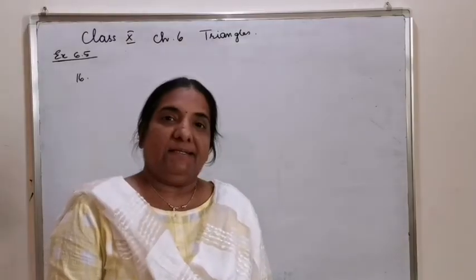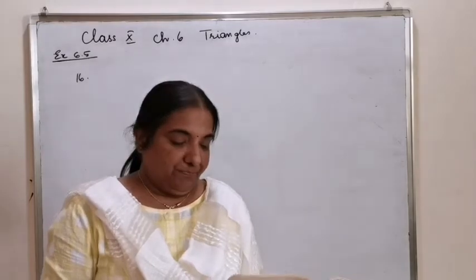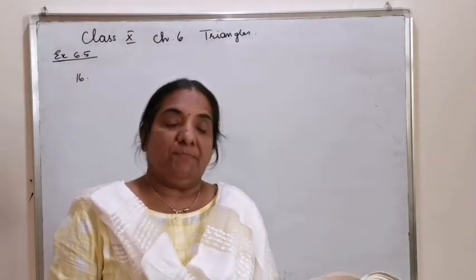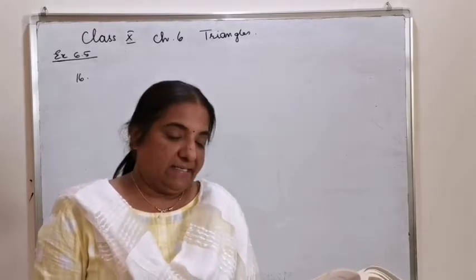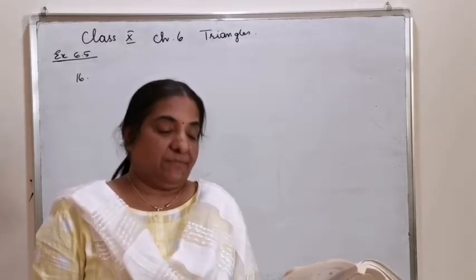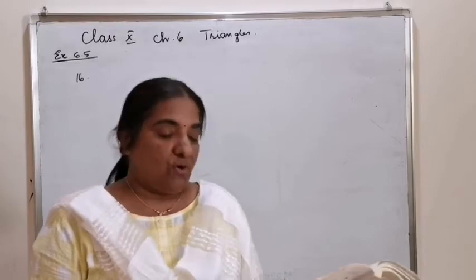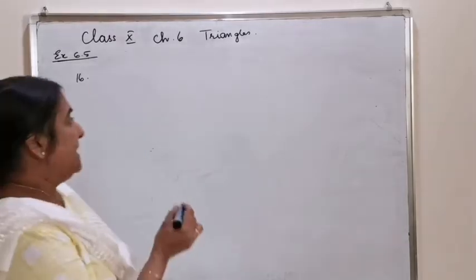Number 16, another important 2-mark question. In an equilateral triangle, prove that 3 times the square of one side is equal to 4 times the square of one of its altitudes.